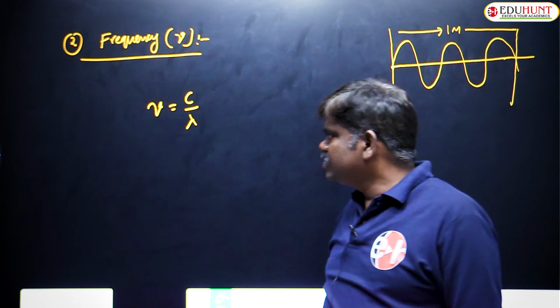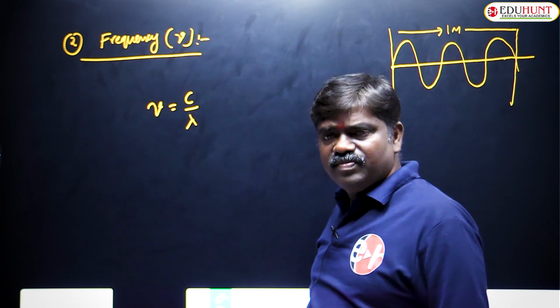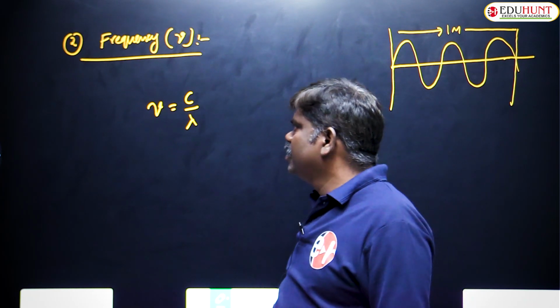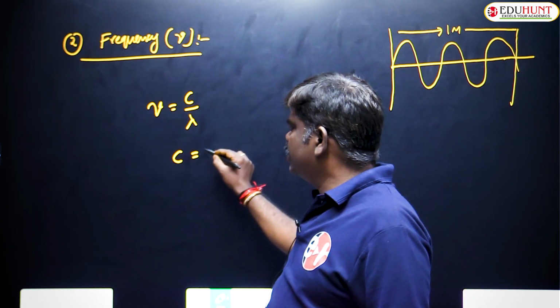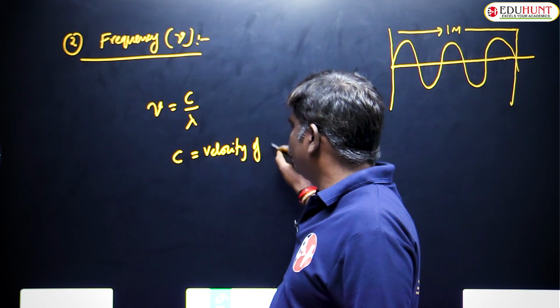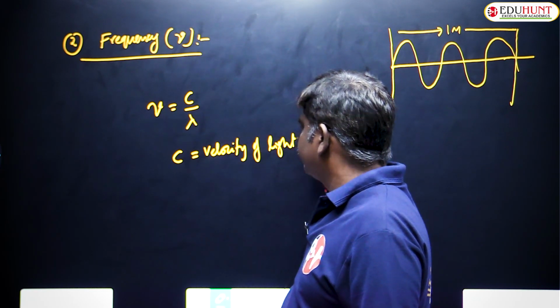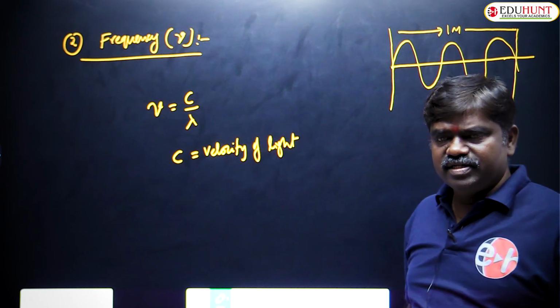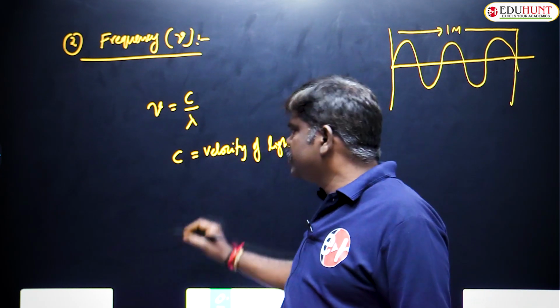So here the formula is nu is equal to c by lambda, where c is known as the velocity of light, and it is always constant.